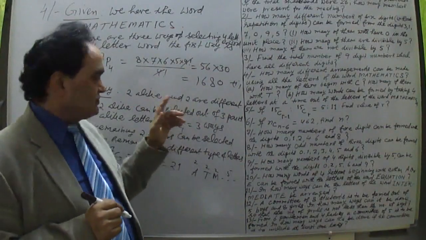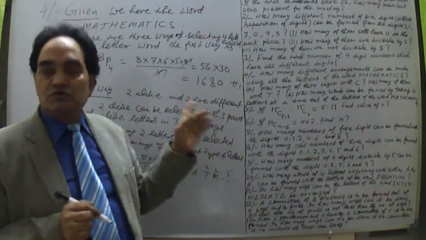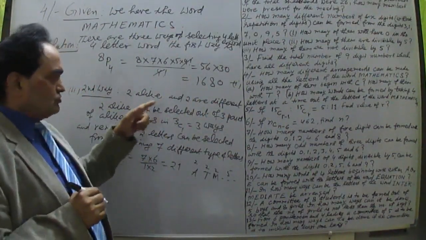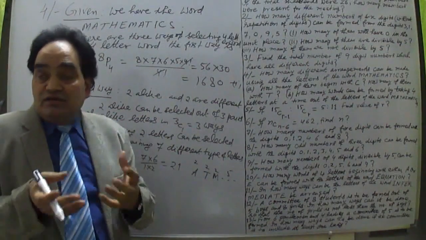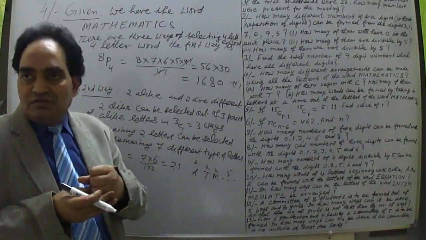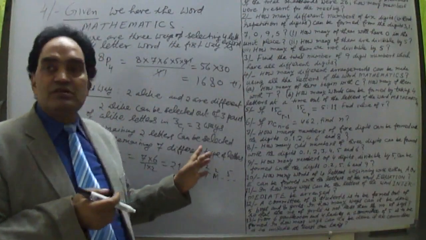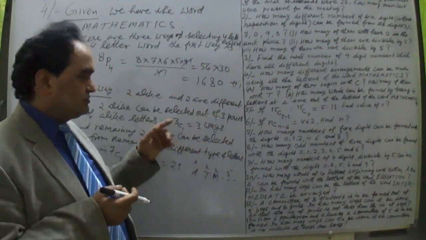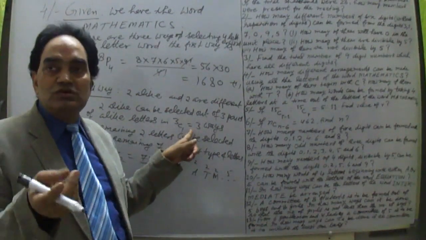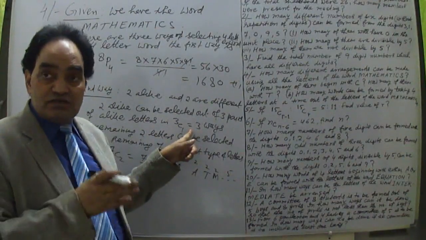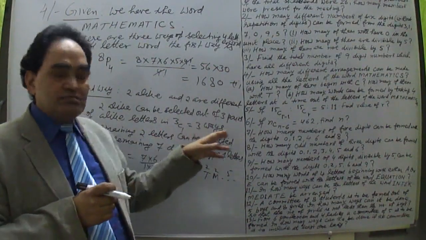The second way is that out of those 4-letter words, 2 are alike and 2 are different. We have 3 pairs of similar letters, A, T, M. Out of those 3 pairs, 1 pair means 2 letters can be selected in 3C1, that means 3 ways.